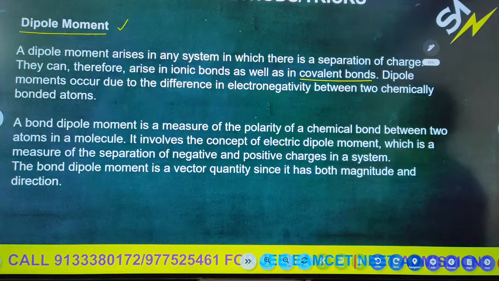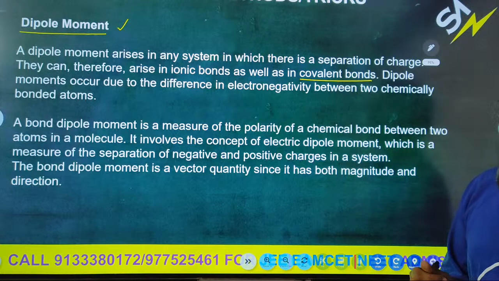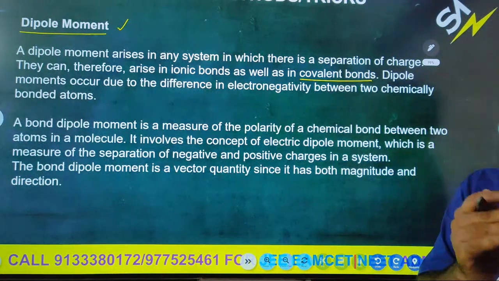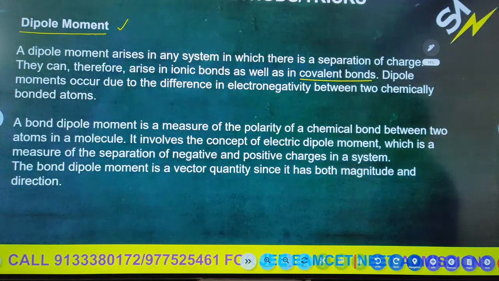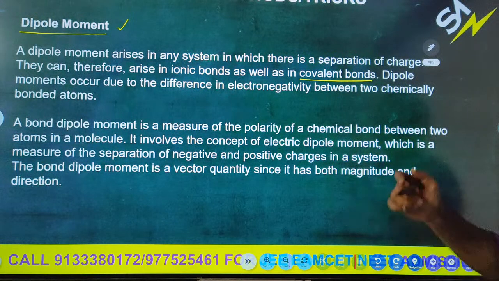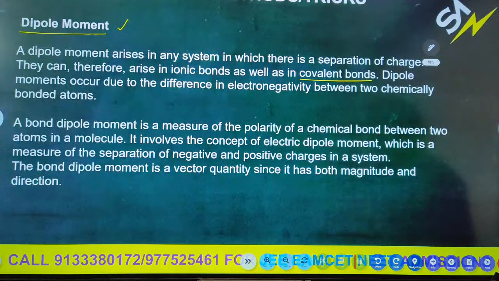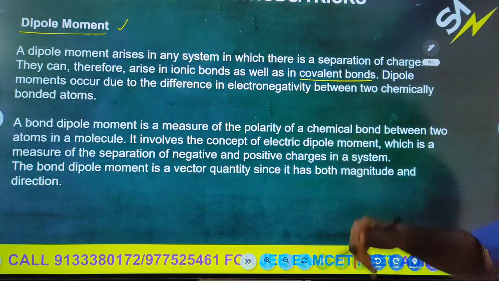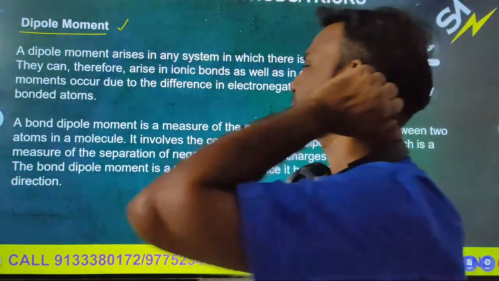What is the first condition for dipole moment? A covalent compound containing different elements. Different elements means they have an electronegativity difference. That electronegativity difference forms charge, and that charge is separated inside the molecule.